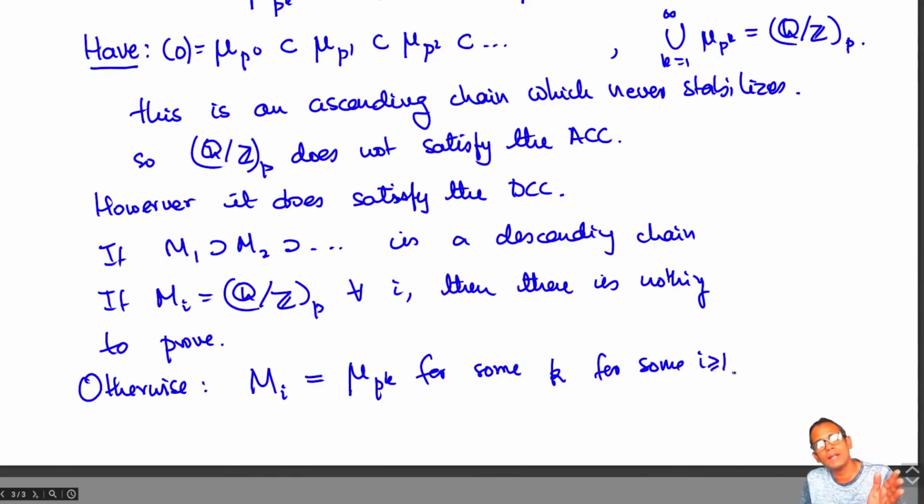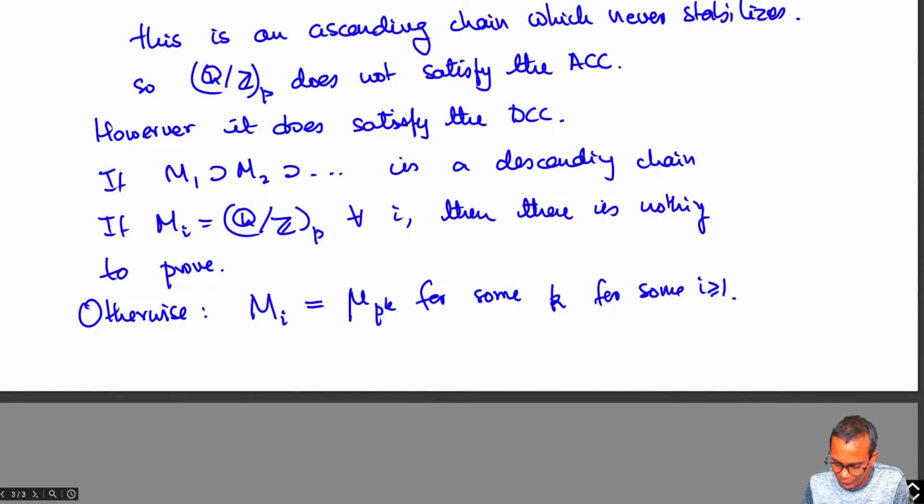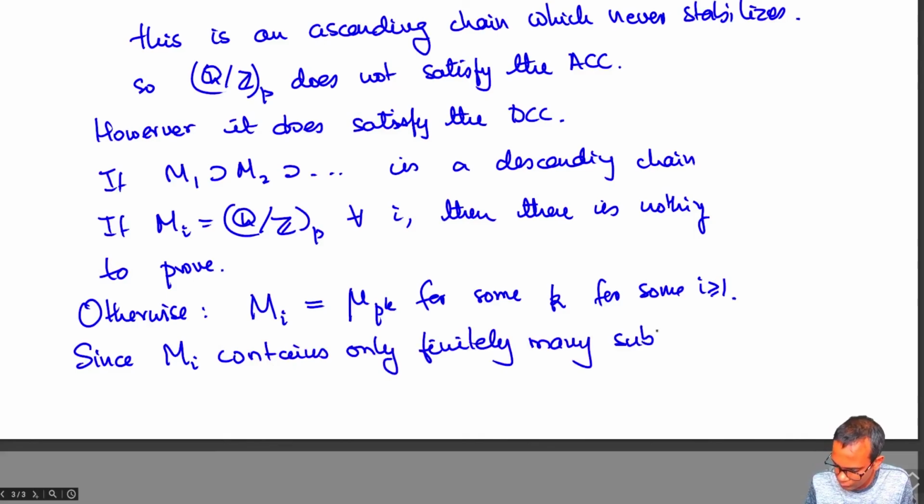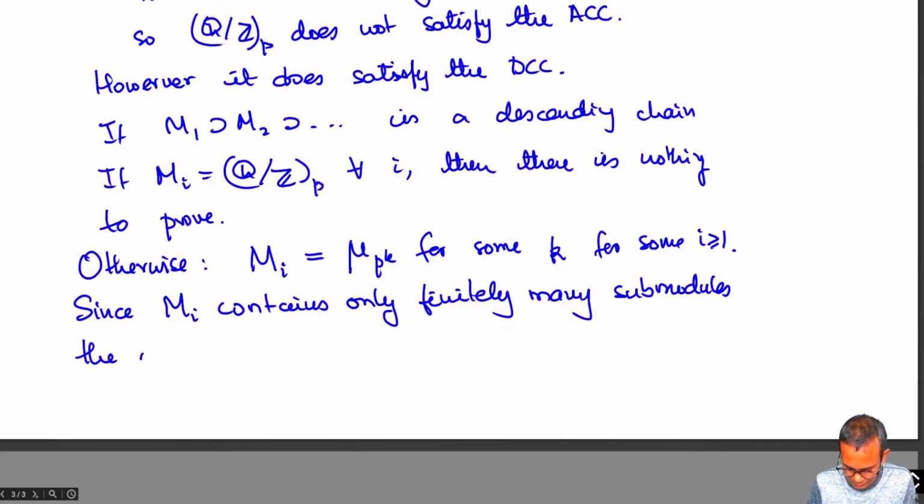So we have at least one term in this series which is a proper subgroup of Q mod Z_p. And thereafter there are only finitely many submodules. The series M_i contains M_{i+1} must stabilize.